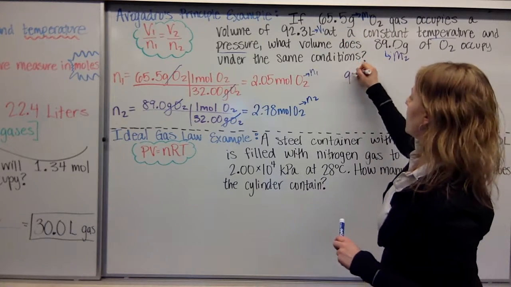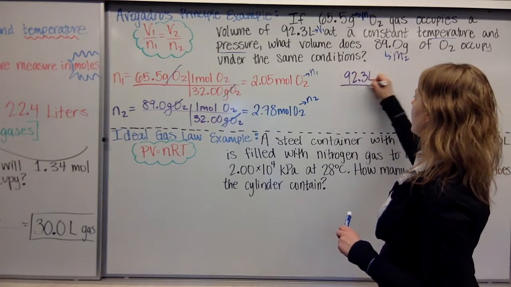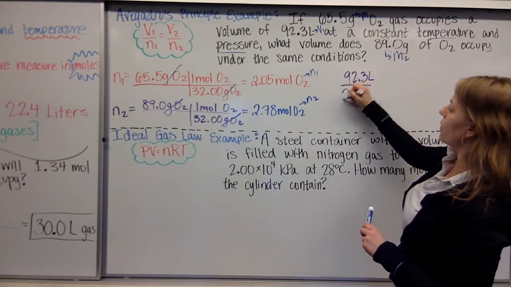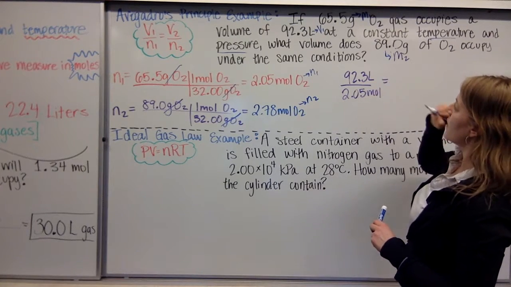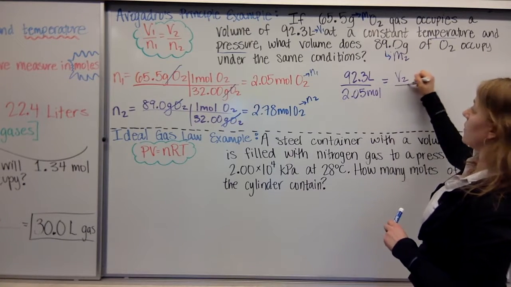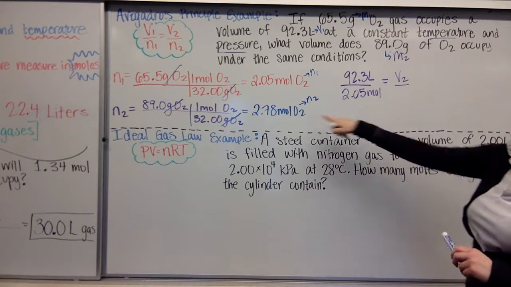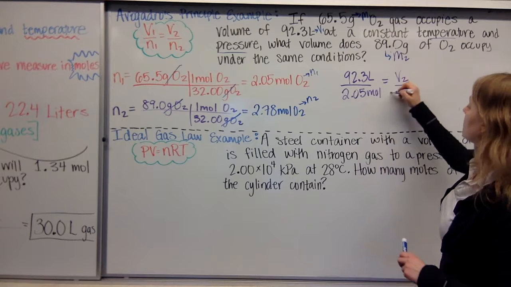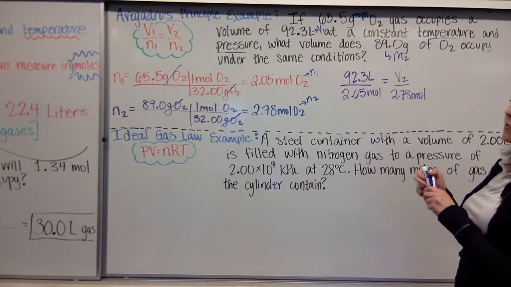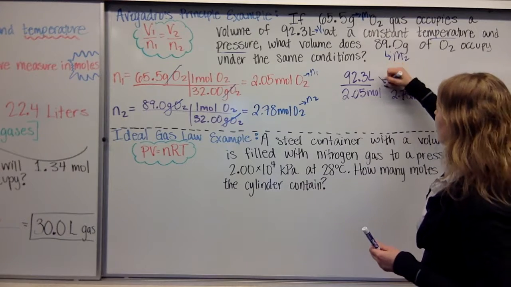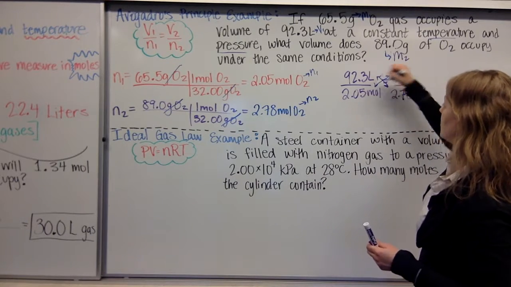V1, 92.3 liters over N1, 2.05 moles, equals V2, which I don't know, I'm trying to figure that out, over N2, which I just calculated, 2.78 moles, right? Now, if you remember from our last gas laws video, we're going to cross multiply here.